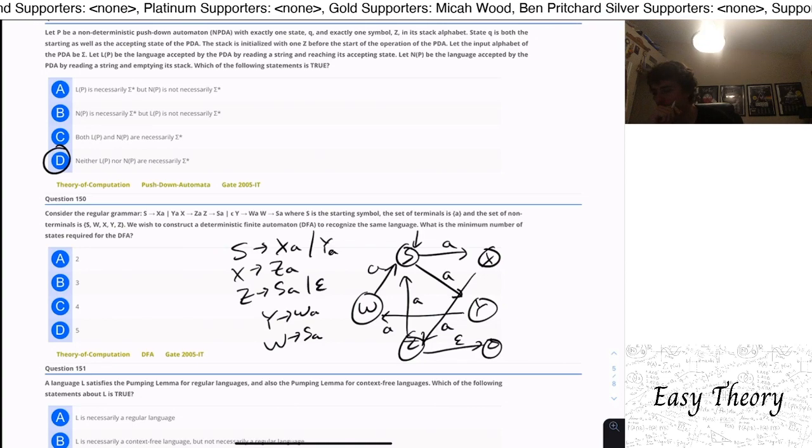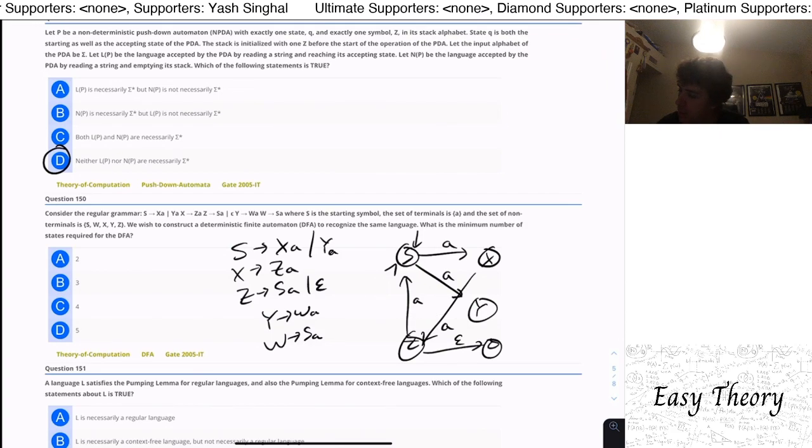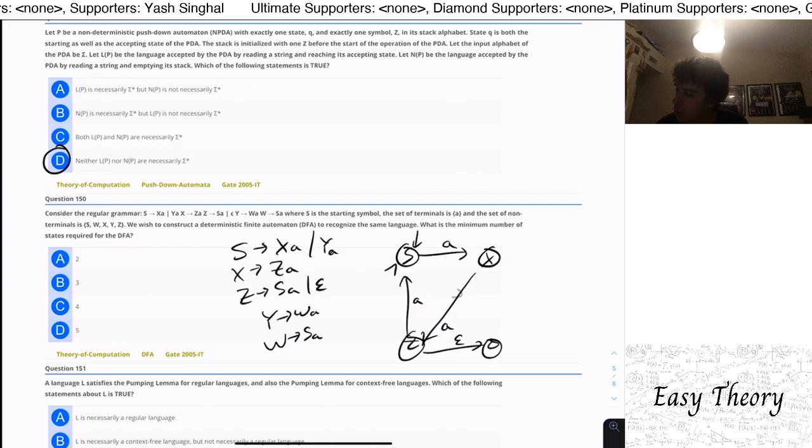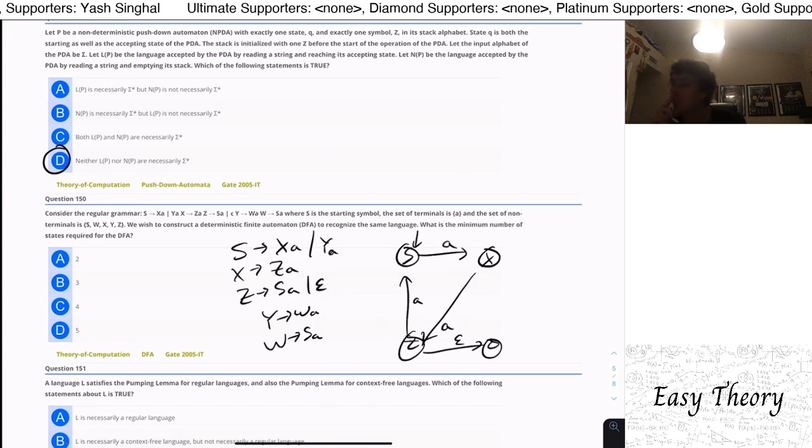What's the minimum number of states? Oh, the Y and the W path can be removed because it's essentially equivalent to the other path. Okay, yeah. So we can get away with 3 states.